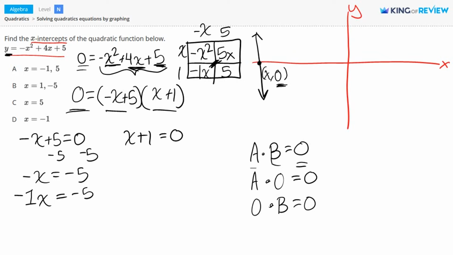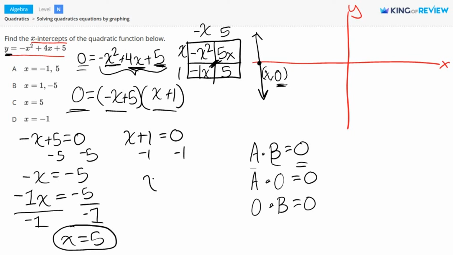So to get x by itself, I'll divide by a negative 1 on both sides. This gives me x equals 5. So we know that the x-intercept, one of them, is at x equals 5. And now for this term, I'll subtract a 1 on both sides, and I'm left with x equals negative 1. So we have two x-intercepts here, one at 5 and another at negative 1.